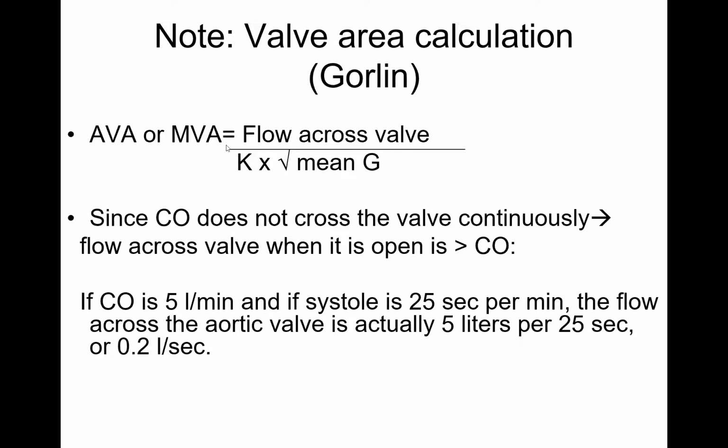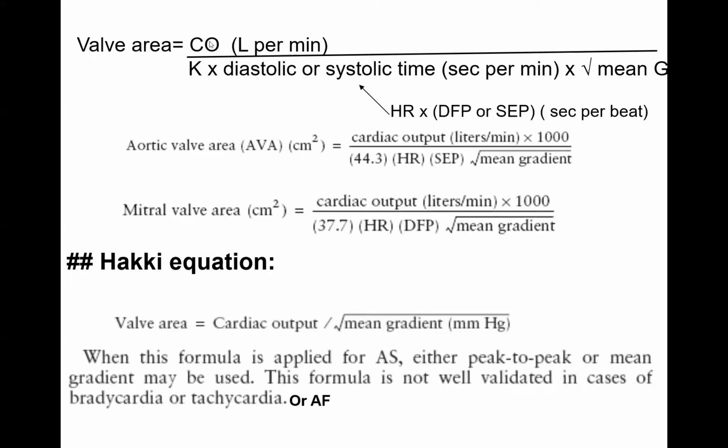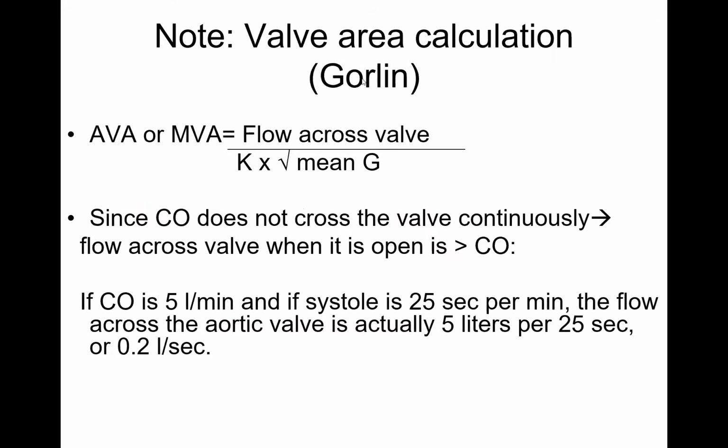So that's where the more complicated equation comes. But just remember that simple formula: flow divided by square root of mean gradient. Flow is actually cardiac output divided by the time, that is systole, okay? And then you come with a more complex equation. Well, what is the systolic time? That 25 seconds is actually how much time you have in every systole.